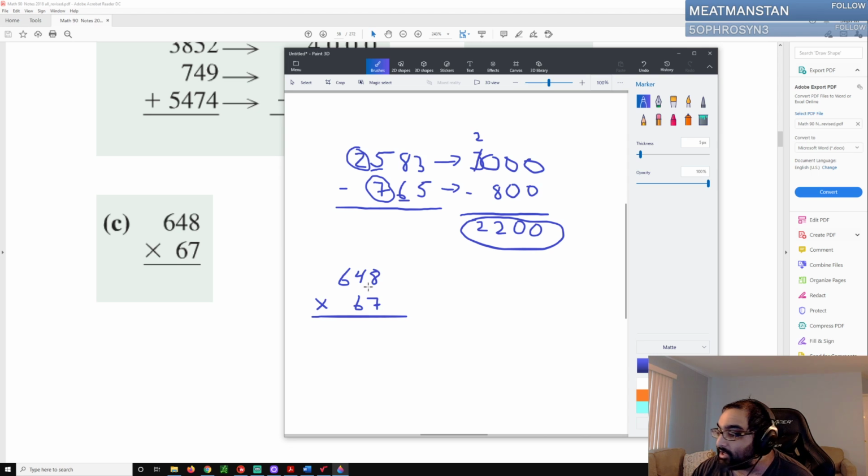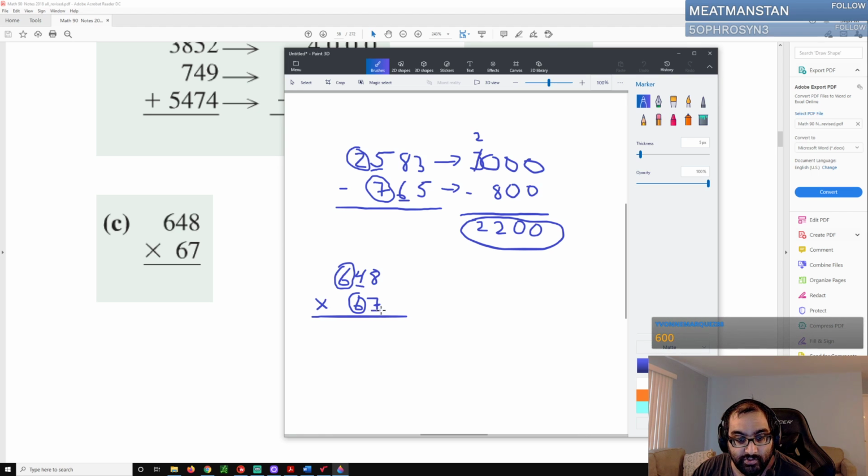Again, we're not finding the exact answer, we're rounding it with front-end rounding. So we're going to circle that very first digit, each one of these 6s. We'll underline the number to the right of that, which is what we talked about last time.